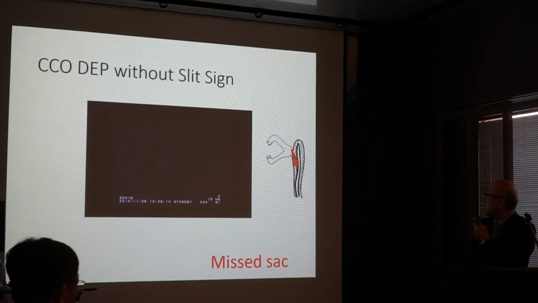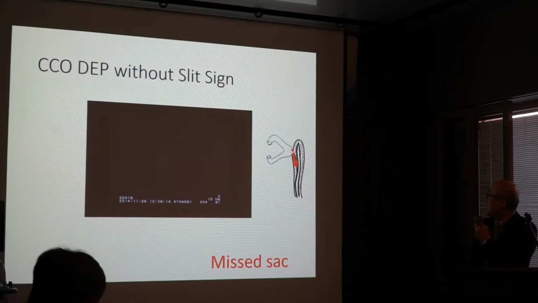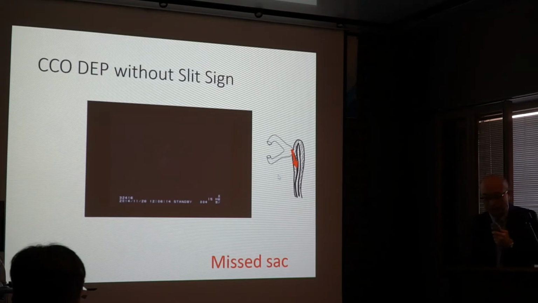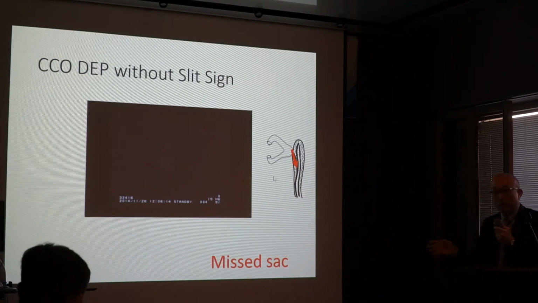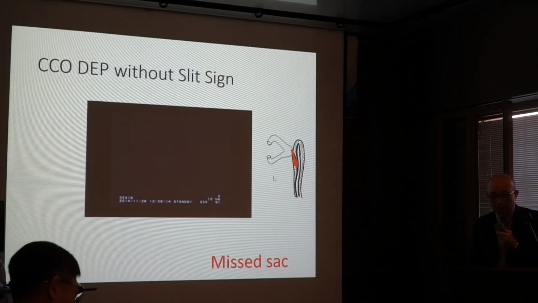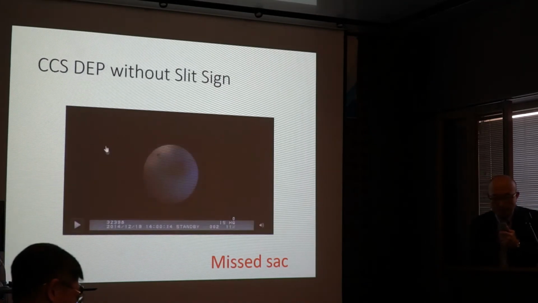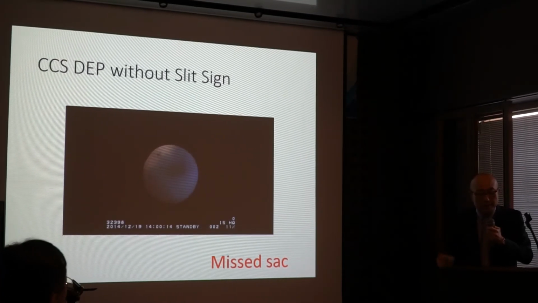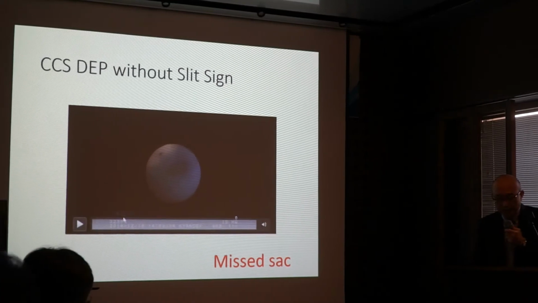The first depth is migrating into the lateral wall of the lacrimal sac. This is a false passage. I call this condition missed sac. The lacrimal sac was missed. I'm going to show you another example of missed sac.